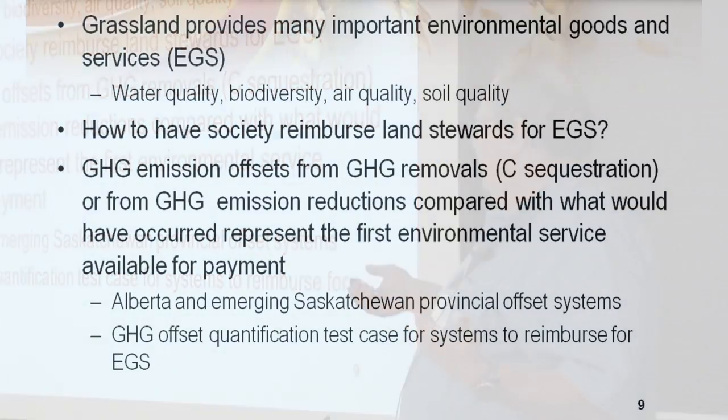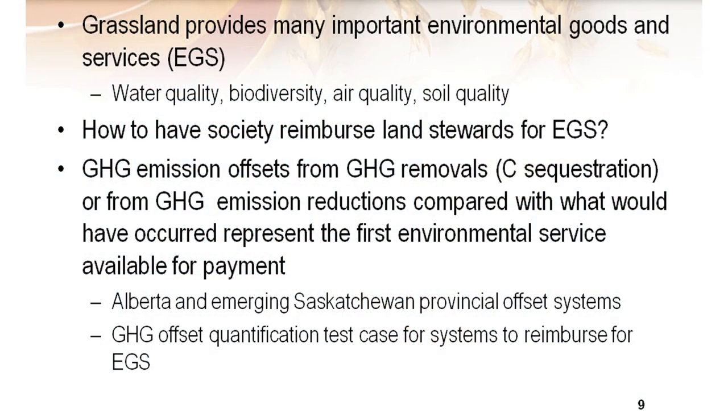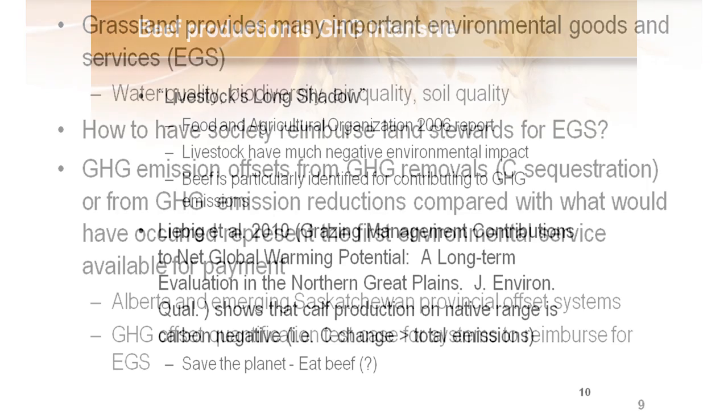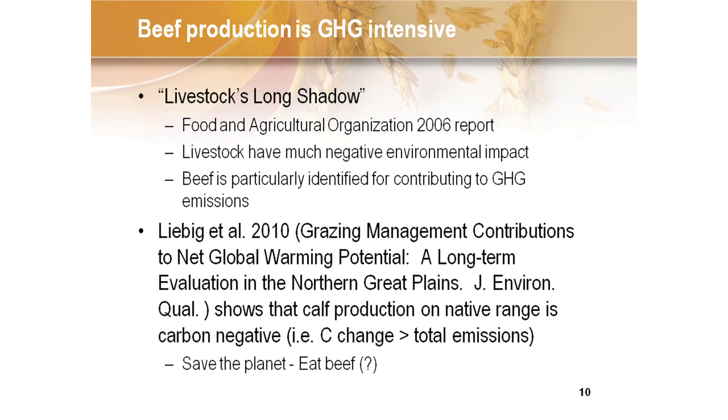And certainly the Alberta provincial offset system and the emerging Saskatchewan system are ones that are interested in this, but it's probably a case where you can use this beyond that. And also, of course, beef production, which is what a lot of these grassland areas are being used for, is under challenge.